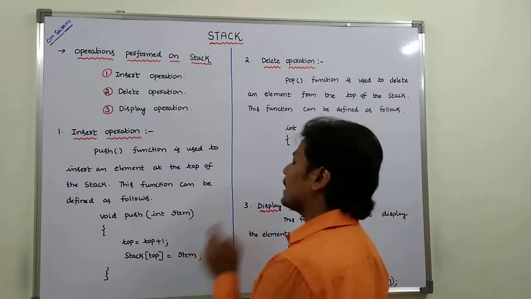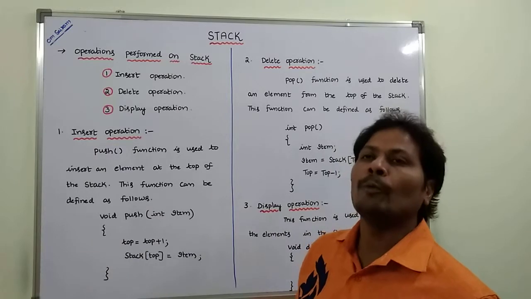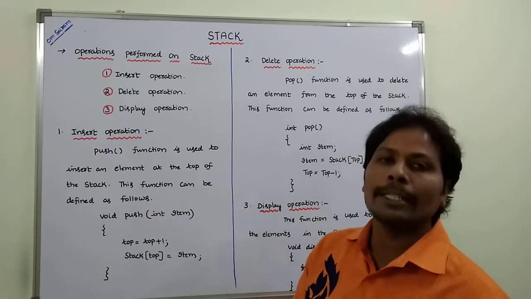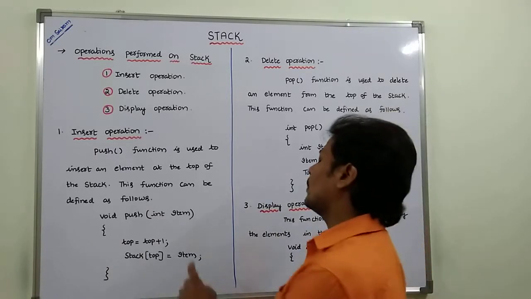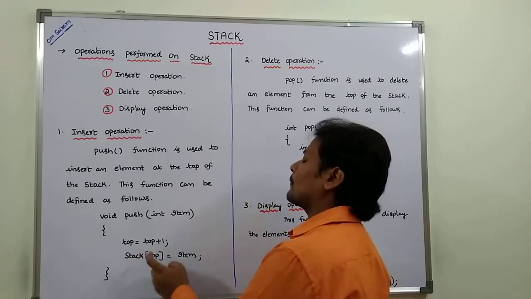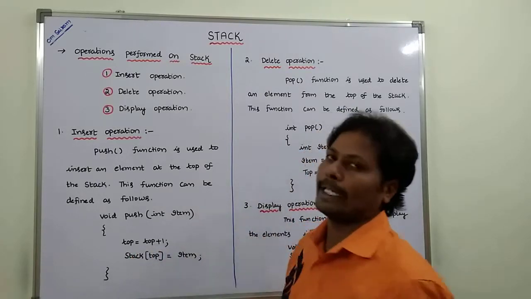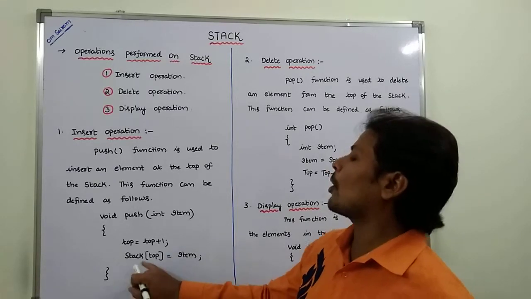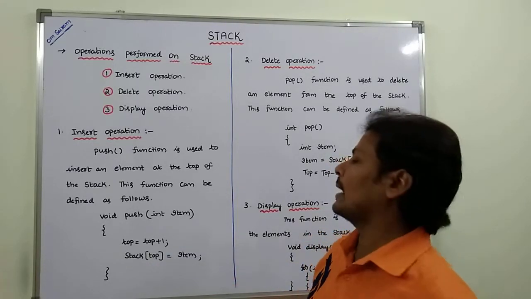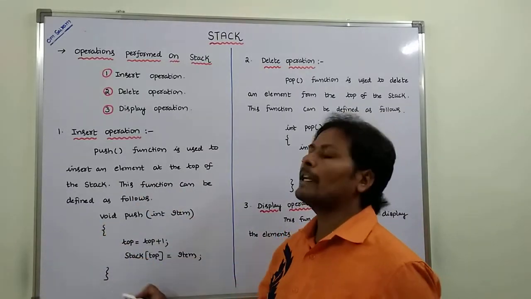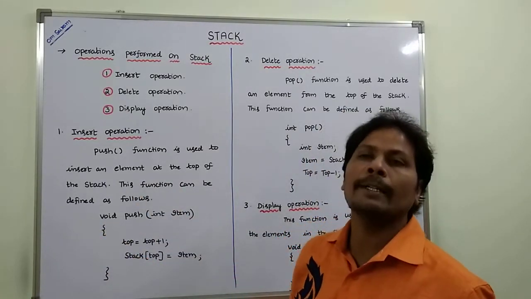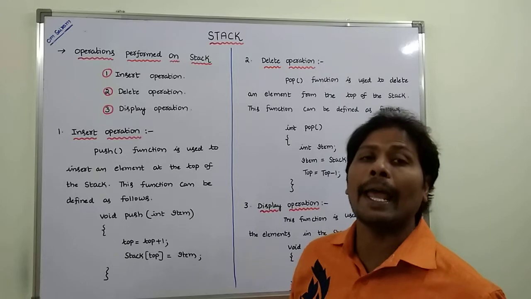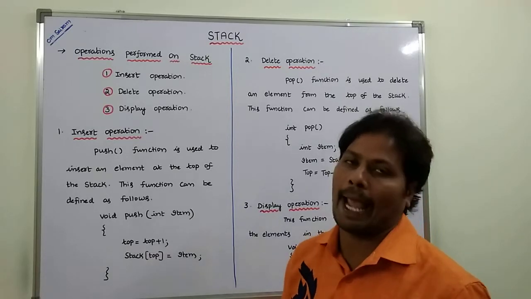Item is the element we want to insert at the top of the stack. So therefore stack[top] = item. This item is inserted at the top of the stack. So this is the definition of the push function for inserting an element into the stack.